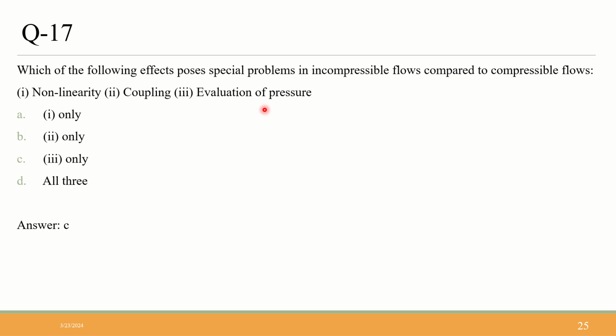Therefore only the third option is right when compared to compressible flows. Looking at the options, option A 1 only, option B 2 only, option C 3 only is the right answer, because even though all three are problems in incompressible flows, when compared with compressible flows, what is excess is the evaluation of pressure.